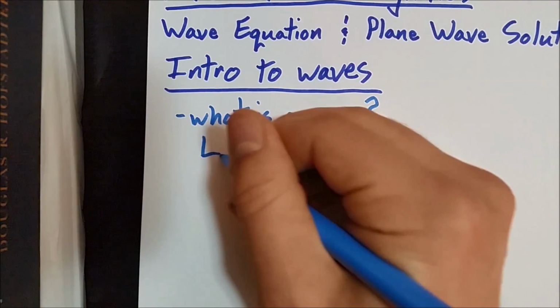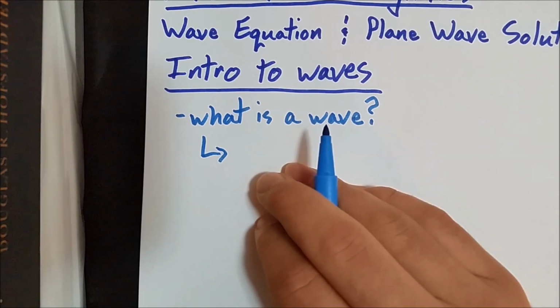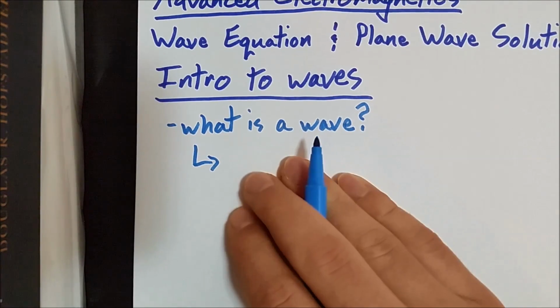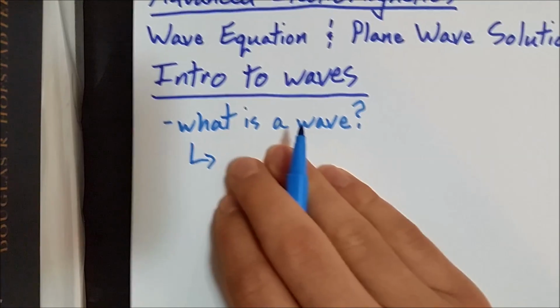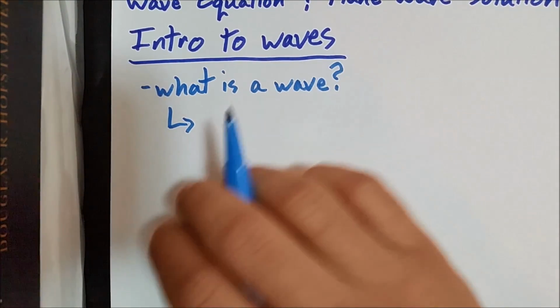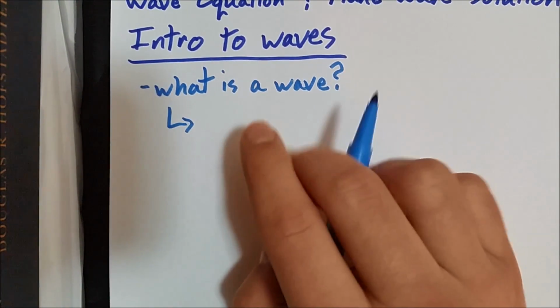Well, waves we see every day of our lives. In water, we see it: puddles, lakes, rivers, streams. However, we probably don't put a lot of thought into what a wave is.